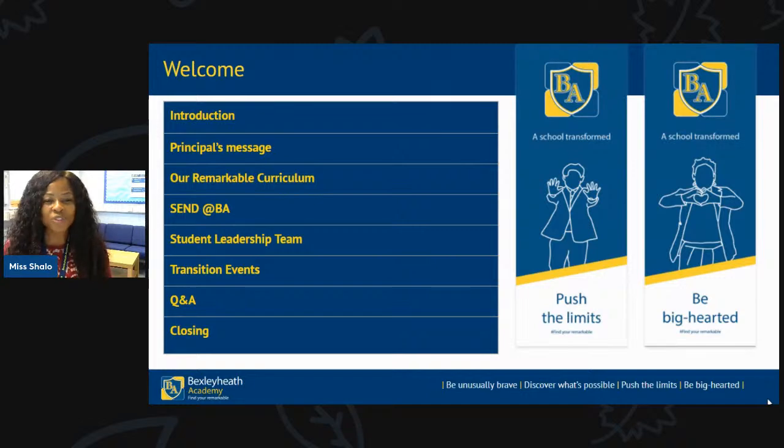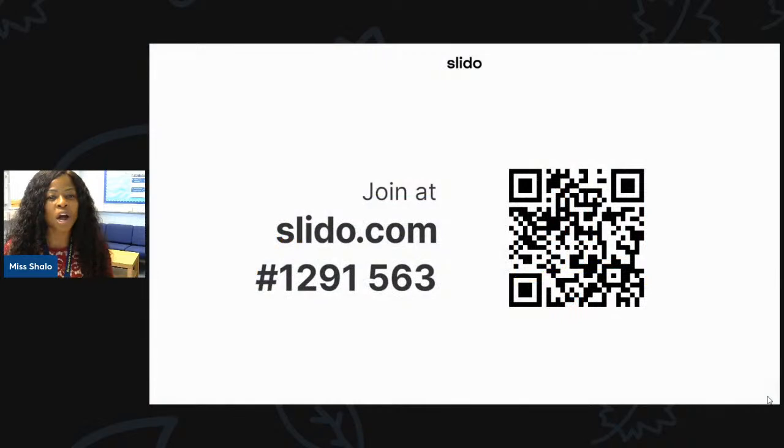Okay, so now on the screen, what you should be able to see is our Slido. So what you would need to do, Year 6, get your parents to help you to do this. If you scan the QR code, it's #1291563, or what you can do is just take your phone and put your phone over the code, on camera, and you should be able to scan that.